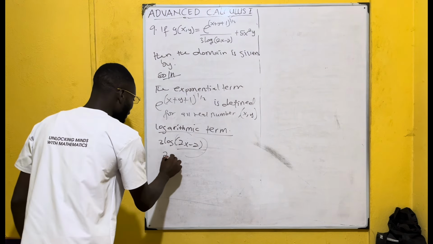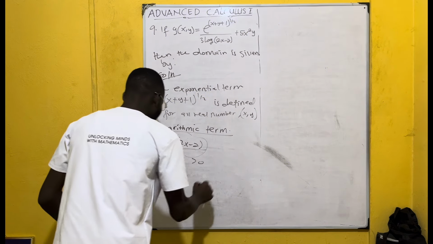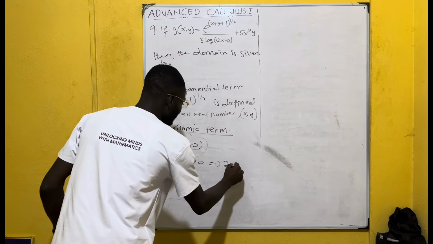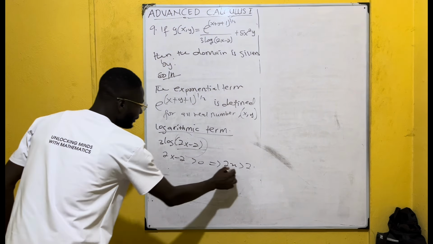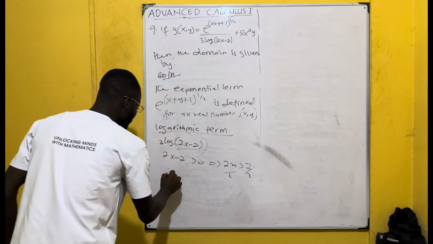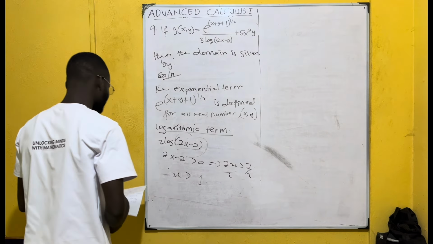So we have 2x minus 2 to be what? Greater than 0. And this implies that 2x must be greater than what? 2. So if you divide here by 2, divide here by 2, then it means that x is greater than what? Positive 1.